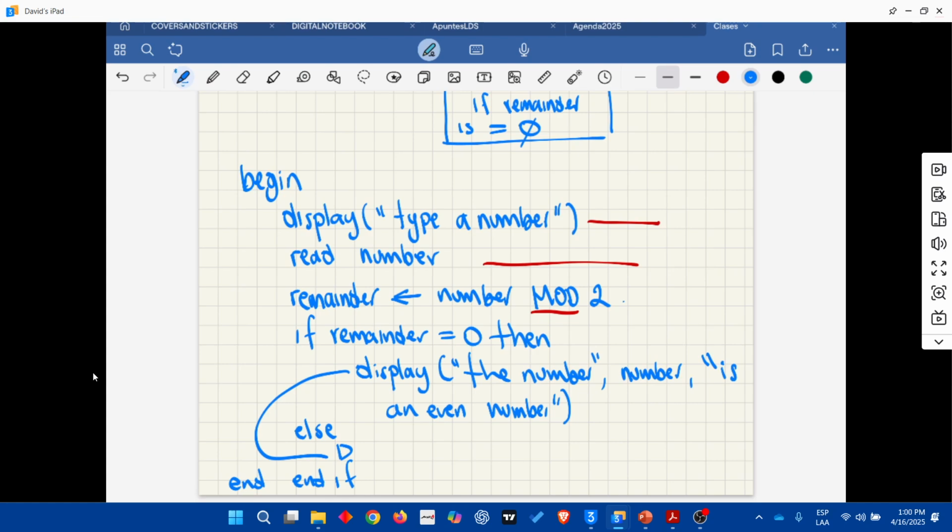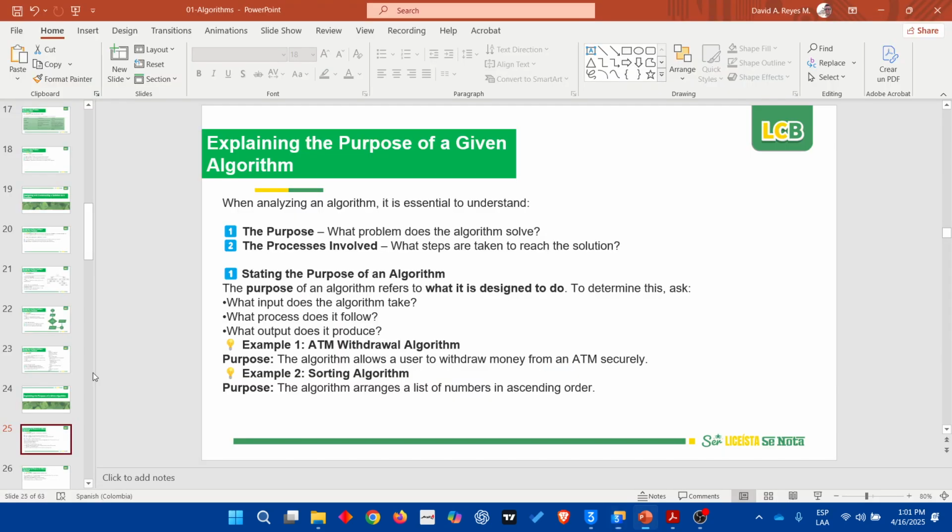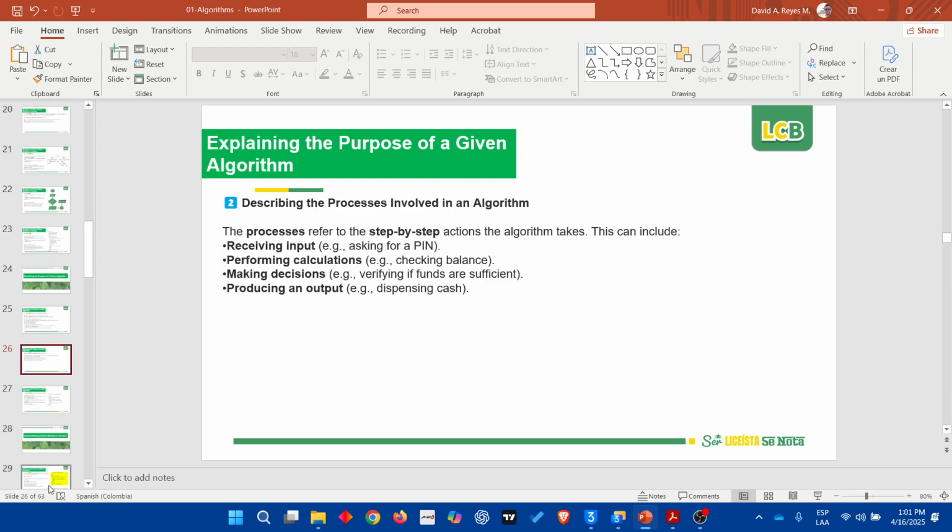So to write an algorithm, you need to understand the purpose of the algorithm and the steps that you need to follow to build it. Describe the process involved in the algorithm.